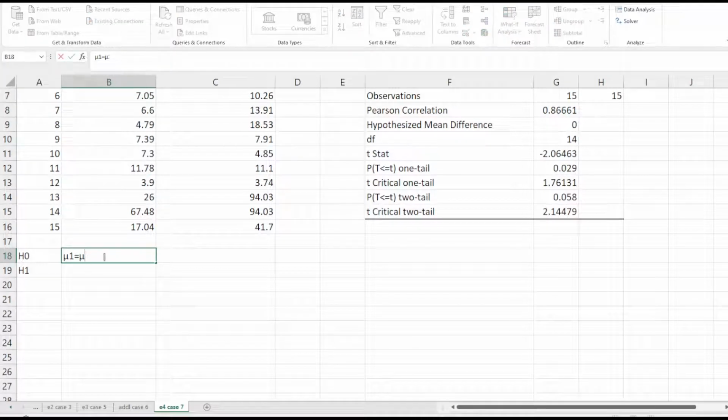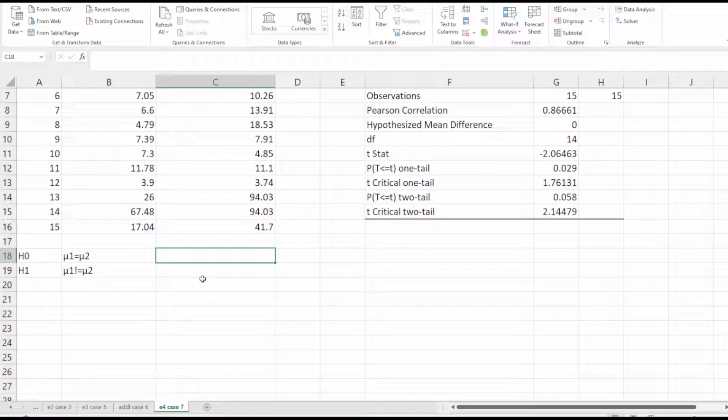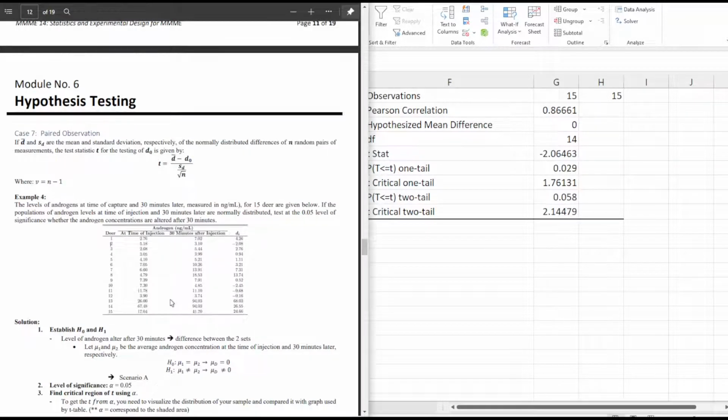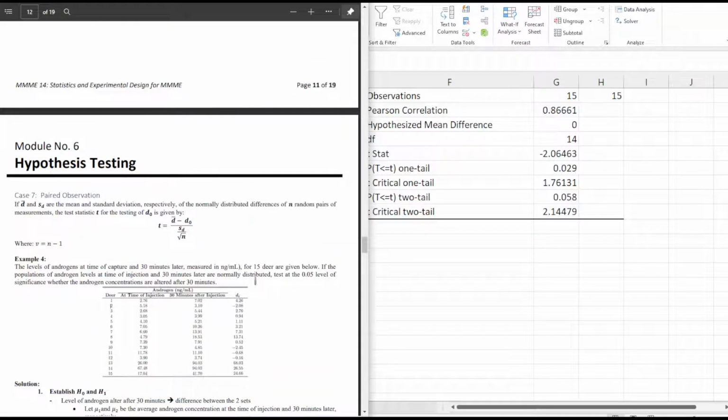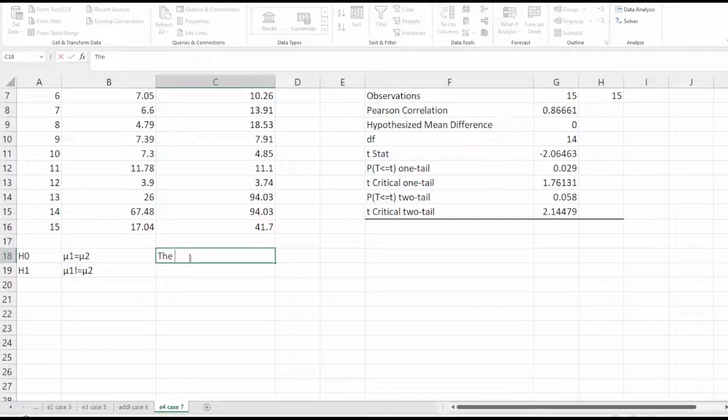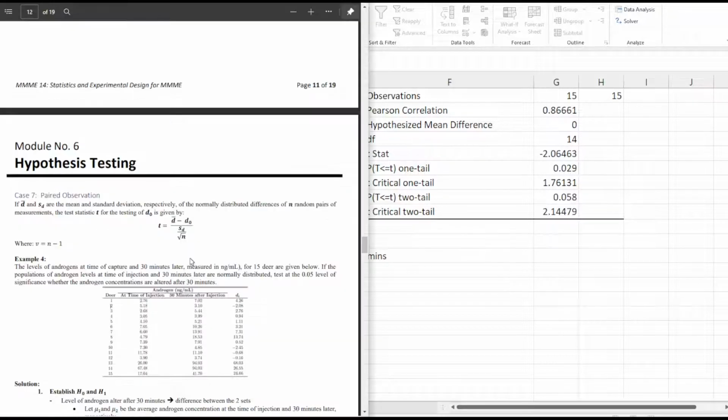So, ito, mu1 is equal to mu2. Tapos, yung H naught natin is that mu1 is not equal to mu2. Okay? Now, let's state it as a phrase or as a sentence. Parang sinasabi natin dito na the androgen concentration is not altered after 30 minutes.